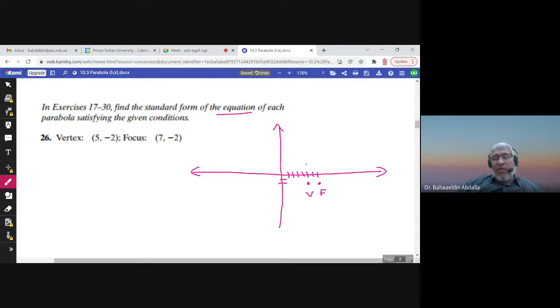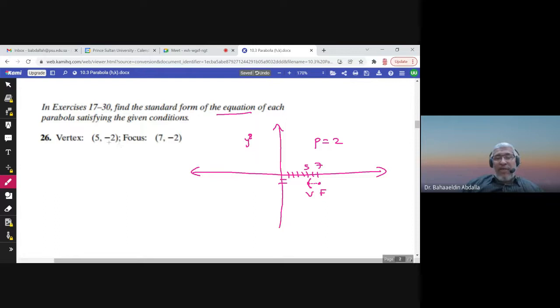Now, what information can you get from here? Well, the distance from the vertex to the focus is what? It is 2. And this is the vertex, so the graph opens to the right. So p is positive 2. And the graph opens to the right, so I have y square. Okay.